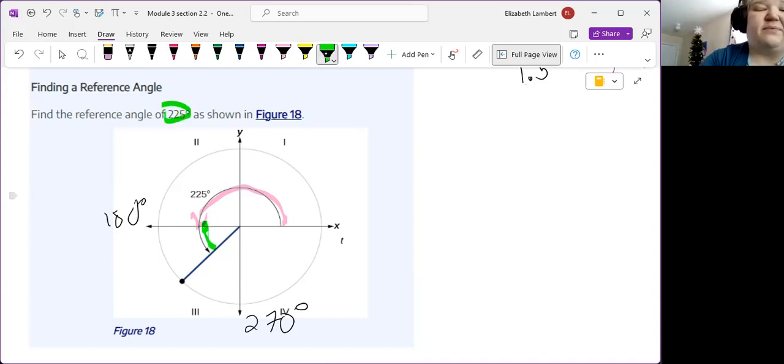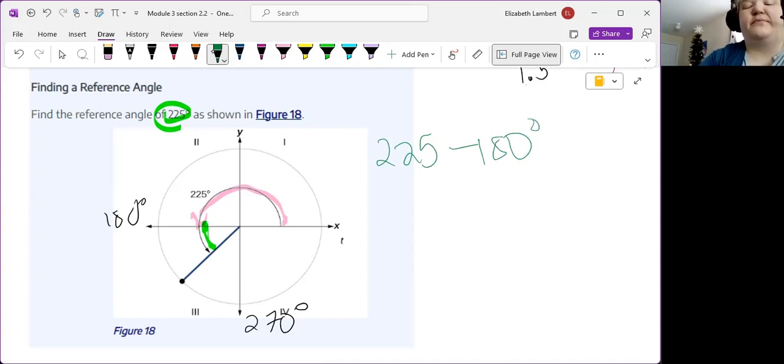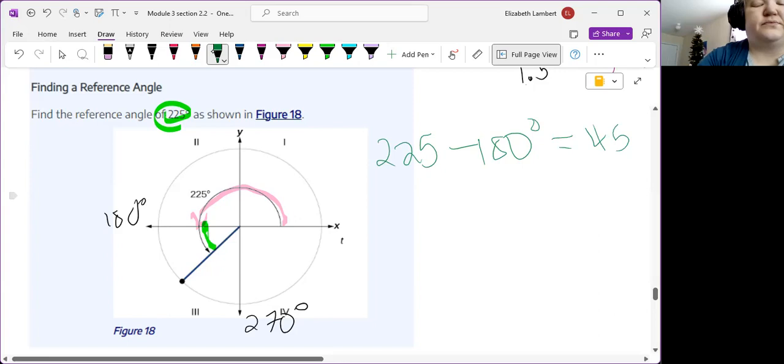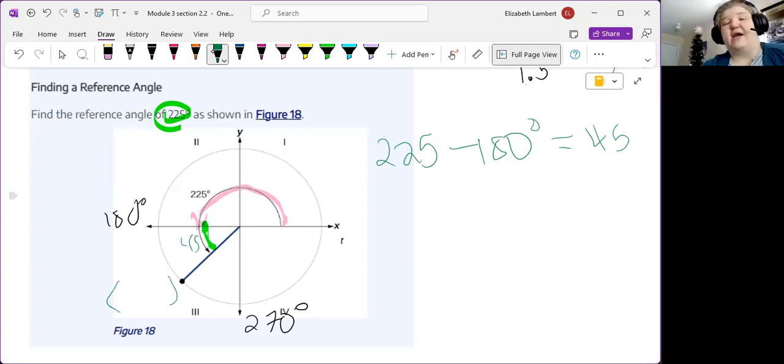So if I take my angle measure, 225, and I subtract off the 180, I get 45. So all of our 45, 45, 90s, they're all square root of 2 over 2. You just have to check, is it going to be positive or negative?